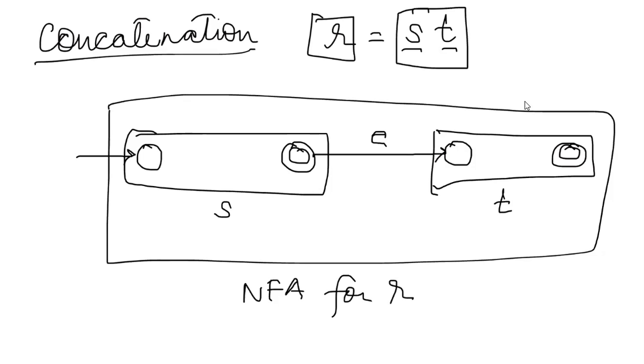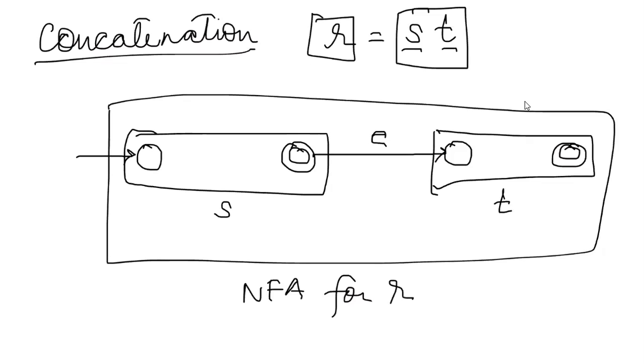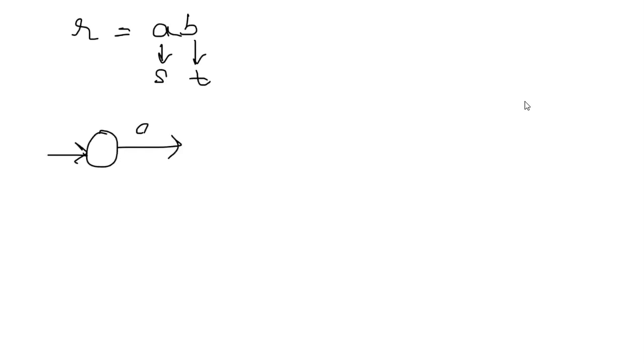So this is concatenation. I will take an example here. Say my regular expression R is A followed by B. So I have two regular expressions: this is our S and this is our T. For A, we have already seen the basic NFA, with a final state.